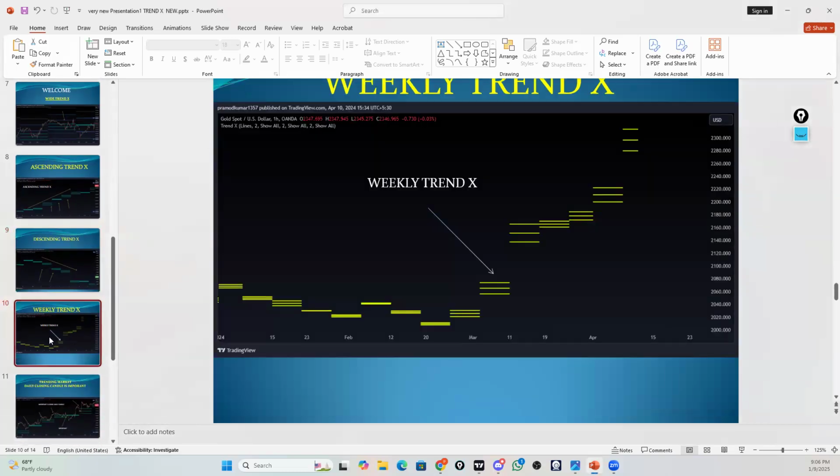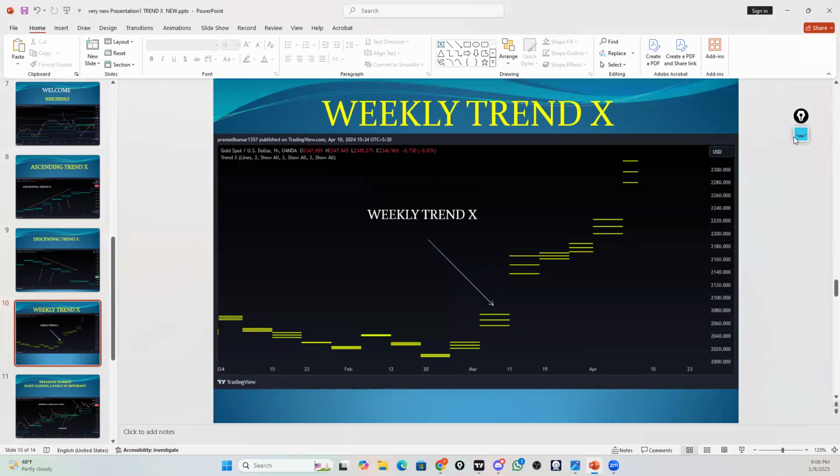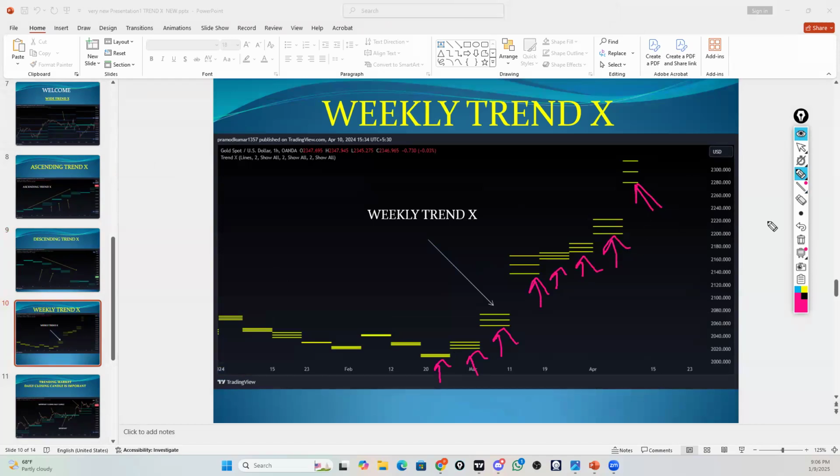So now just look at the weekly chart. This is the weekly chart, weekly trend X, and just look at this: super narrow, wide, narrow, wide. So now I'll just go back. I told you when we see a super narrow daily trend X, it will be a volatile day.